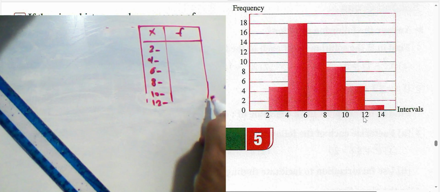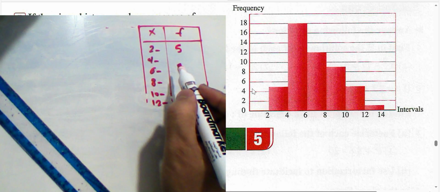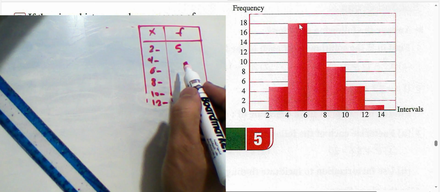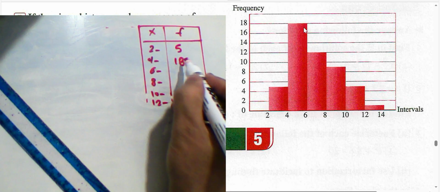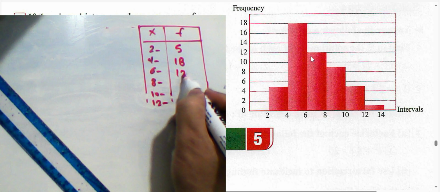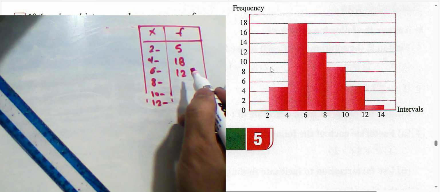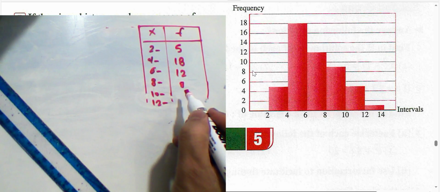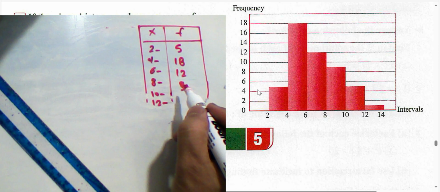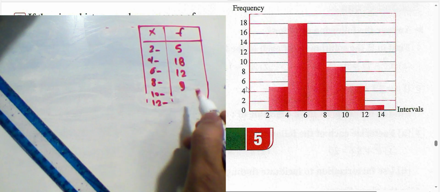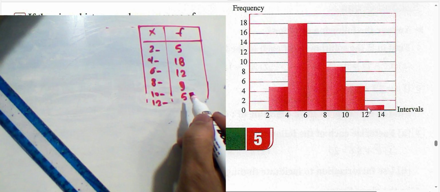The frequency of the first interval is 5, the second interval 18, the third interval 12, the fourth interval 9, the next one 5, and the last one equal 1.